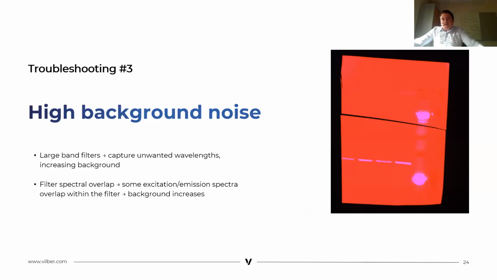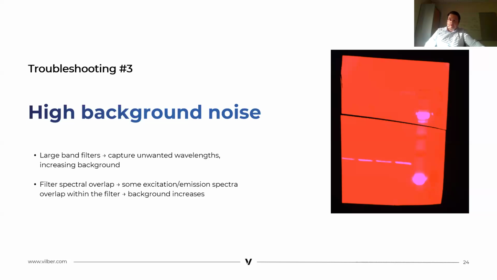The third troubleshooting in fluorescence is high background noise. By using a large band filter, you will capture unwanted wavelengths, which increases the background because you will also capture the excitation of your module.